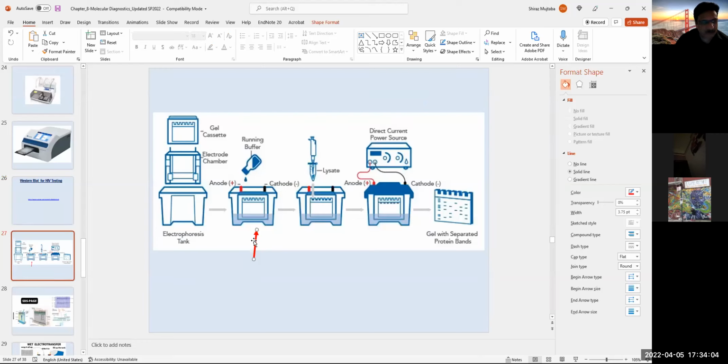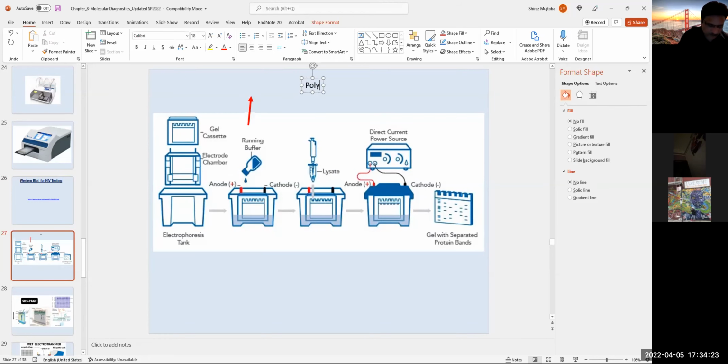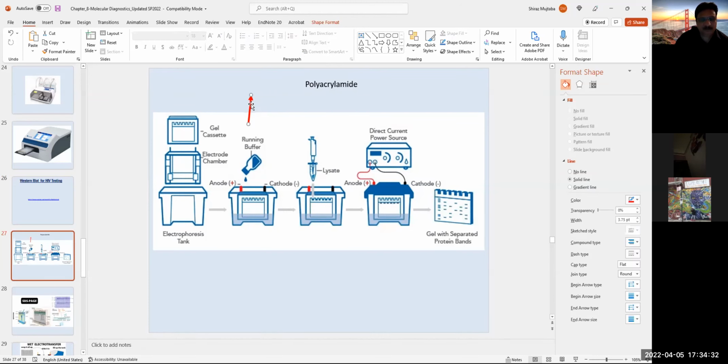Agarose gel is very, very less sensitive, and very simple. But polyacrylamide gel electrophoresis is more sensitive because you use a very special gel, which is called polyacrylamide. And then we make the gel here.